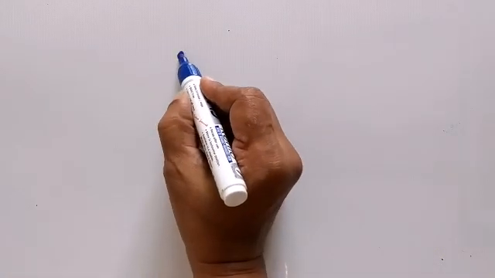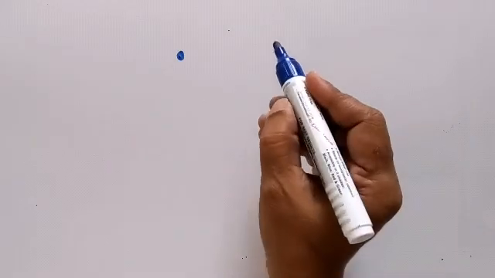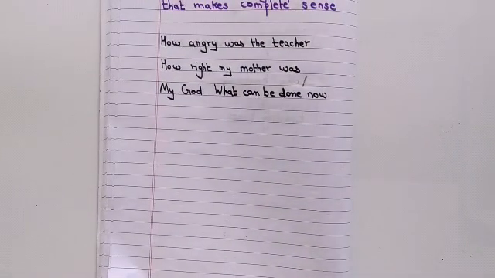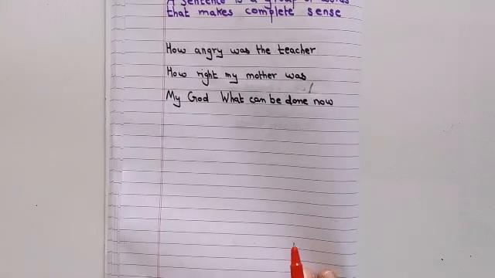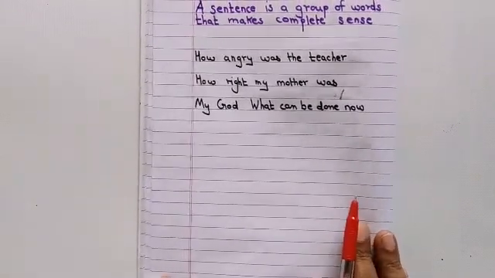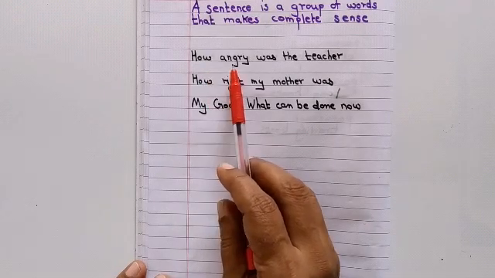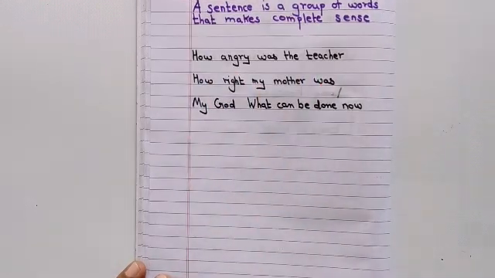So children, we are done with the full stop and we are done with the question mark. Now let's see the exclamation mark. Now let's read this, children. Yes, there are 3 sentences. The first one.